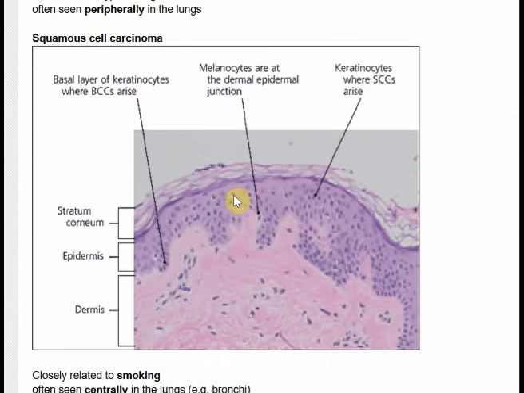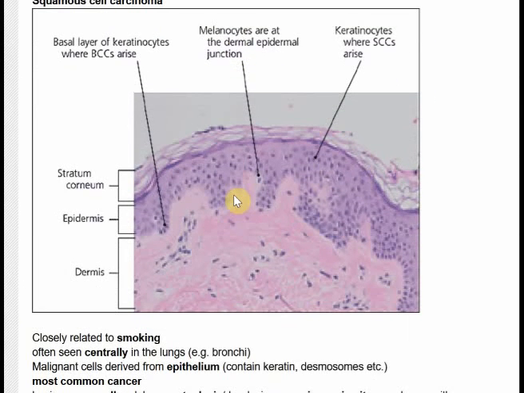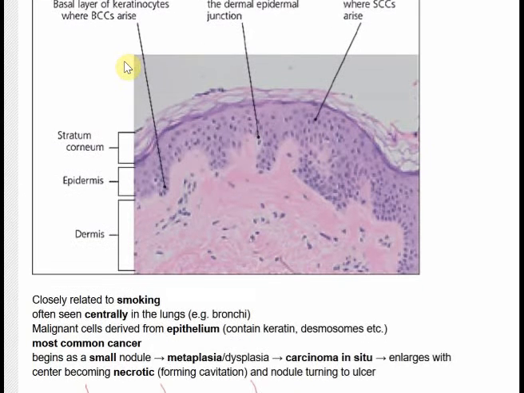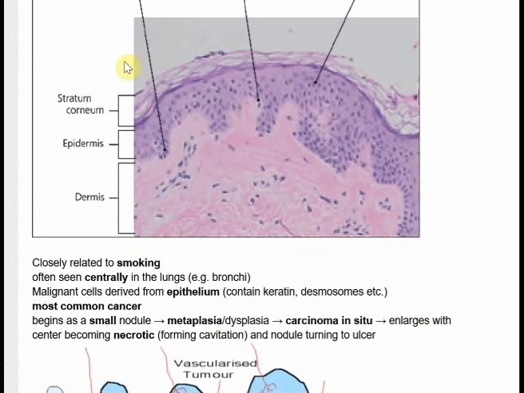How about squamous? Squamous is very closely related to smoking. It's often found centrally, so squamous, central. And it tends to be quite necrotic.